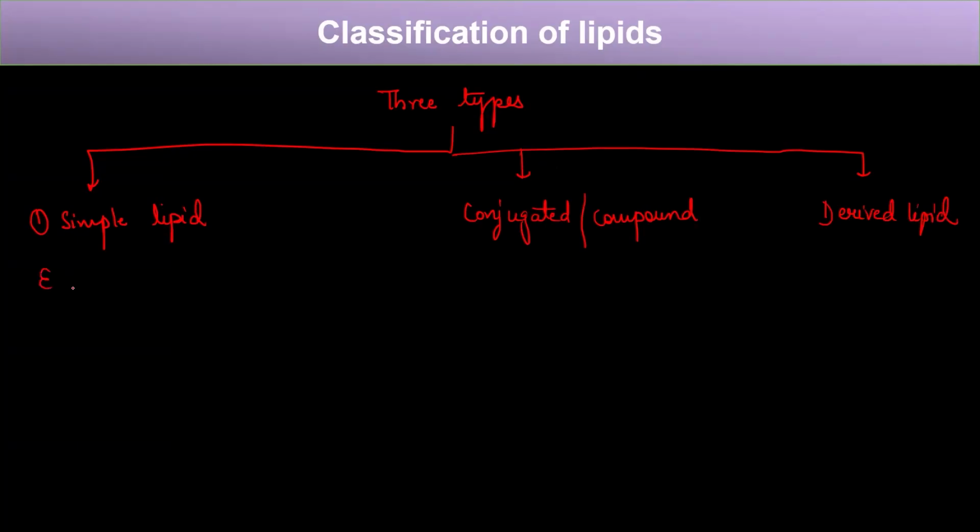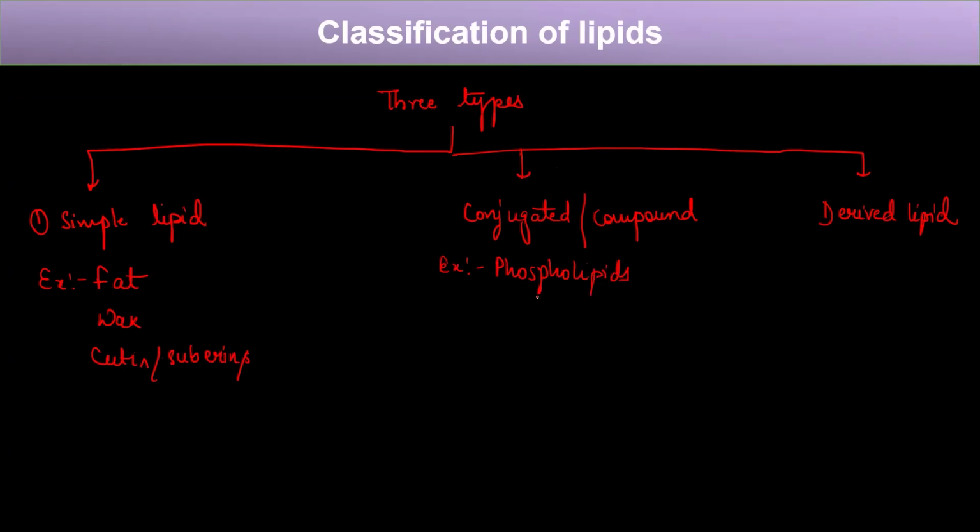So the example of simple lipid is fat, wax, cutins, or suberins. So these are the examples of simple lipid. The conjugated or compound lipids, examples are phospholipids.